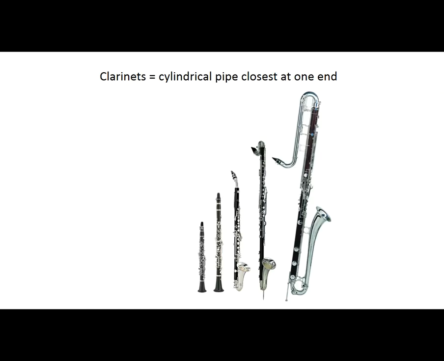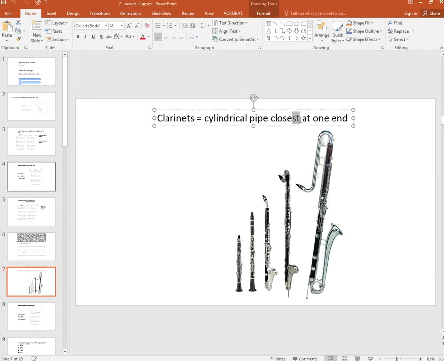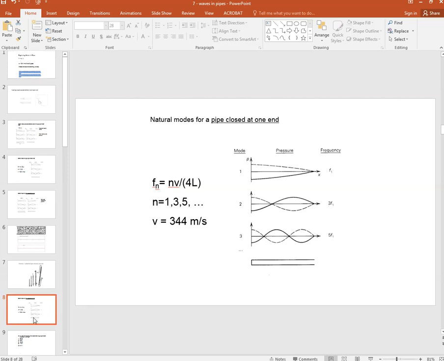Okay, and so the clarinet we're going to be considering as a cylindrical pipe to a good approximation. It's closed at one end, and it's going to be open at the other end. So the formula that we'll have involved here is going to be nv over 4L, because now we're going to be fitting quarter wavelengths into this.